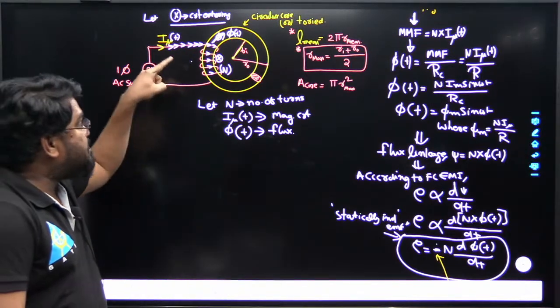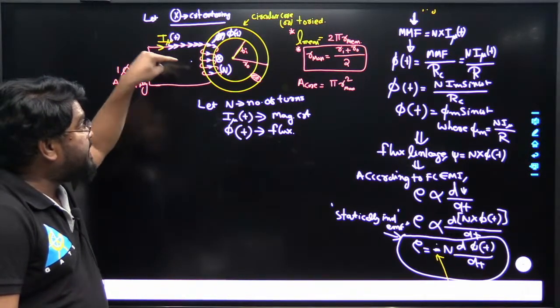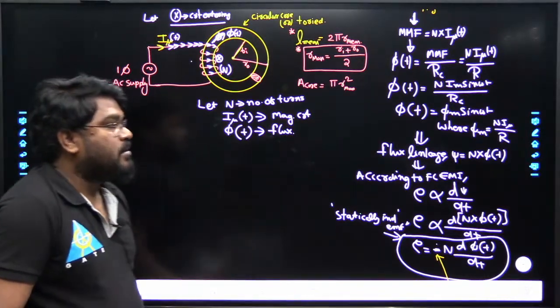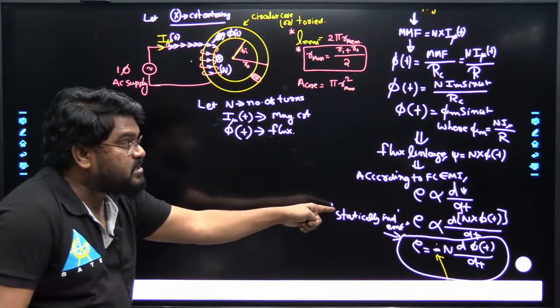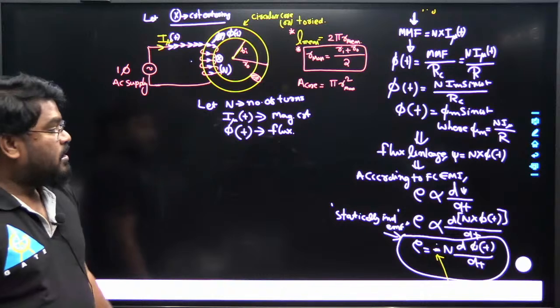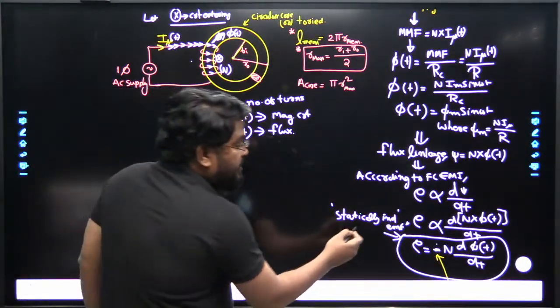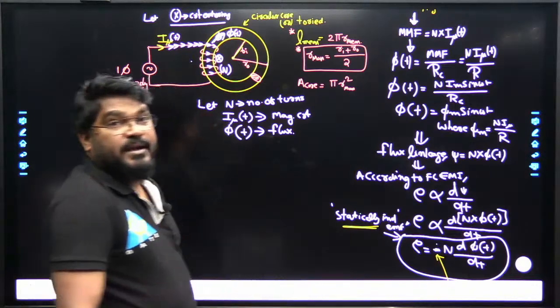Whatever flux is created also links the number of turns. So that flux linkage forms, and according to Faraday's laws of electromagnetic induction, EMF is induced in a coil. That EMF is known as the statically induced EMF.